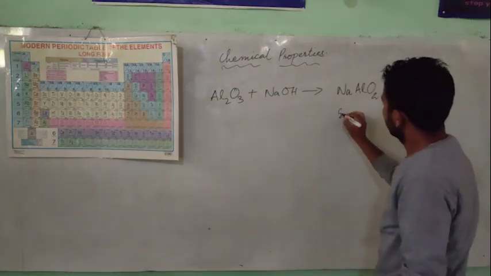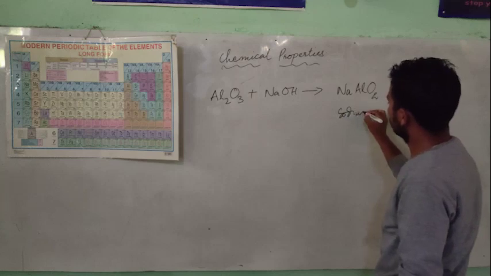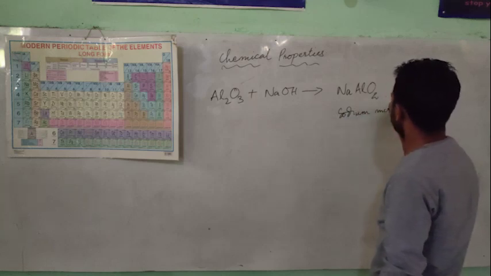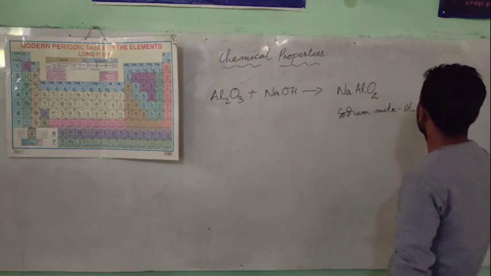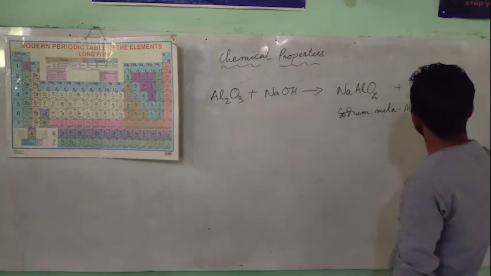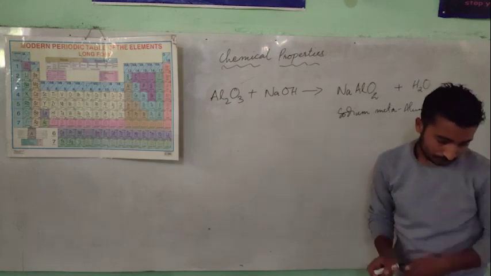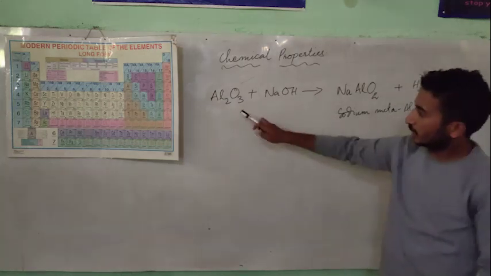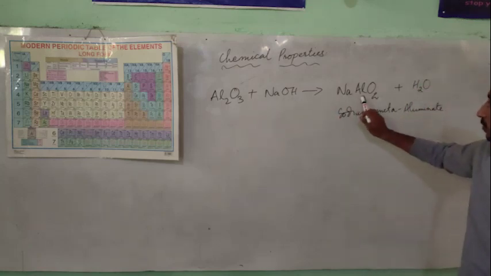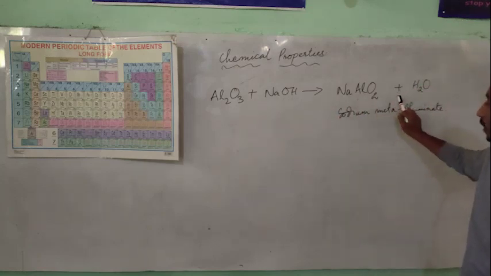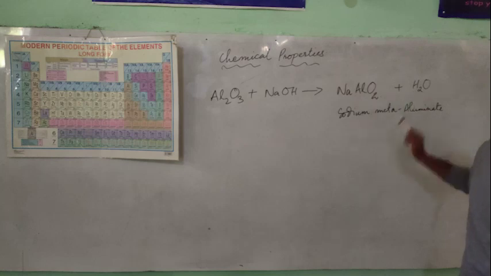This salt is sodium meta-aluminate, and we also get water. So aluminum oxide reacts with sodium hydroxide to form sodium meta-aluminate along with water.